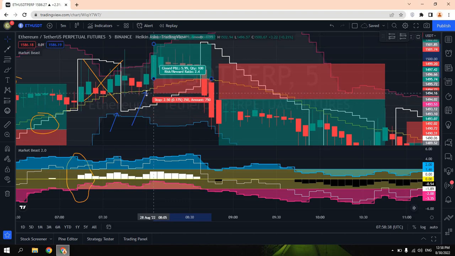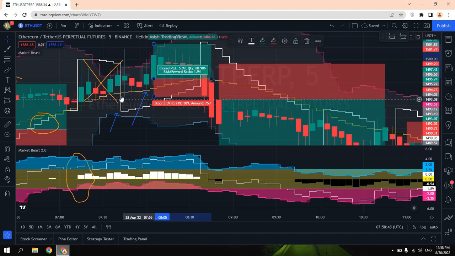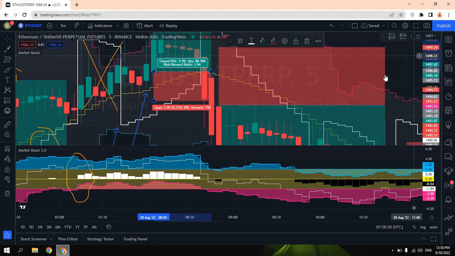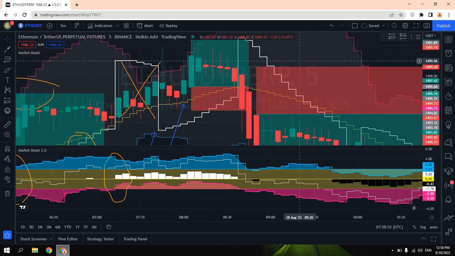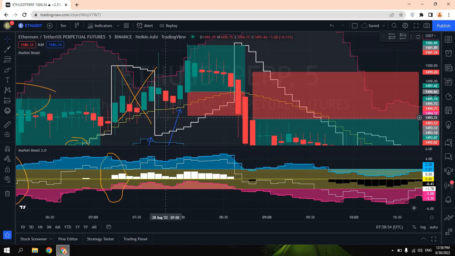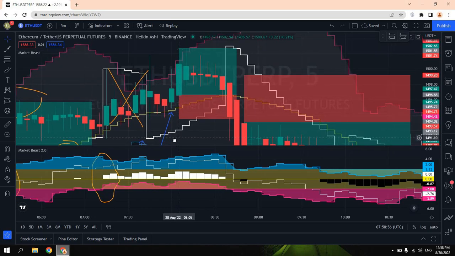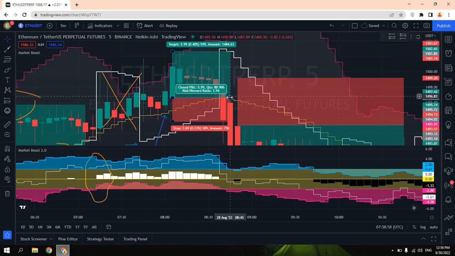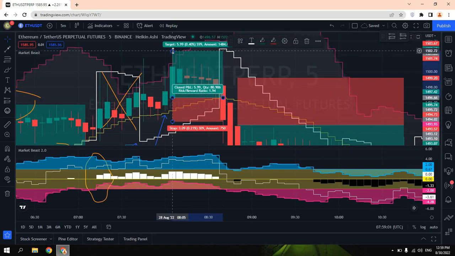What should be our stop loss? Our stop loss should be this white line, or we can set stop loss below the last big wick. So here we have this candle. This is our stop loss. After setting up stop loss, we will set the target.